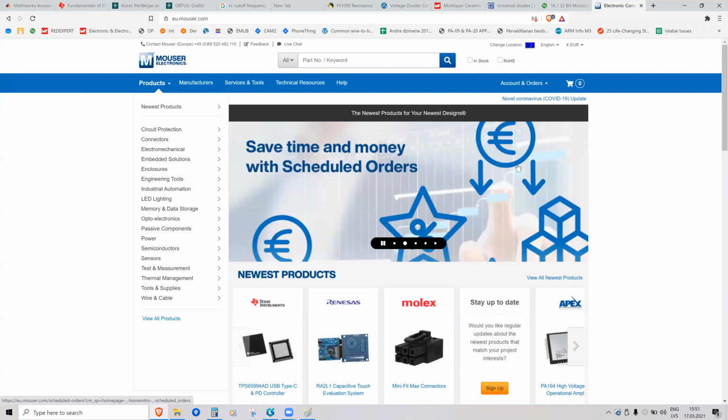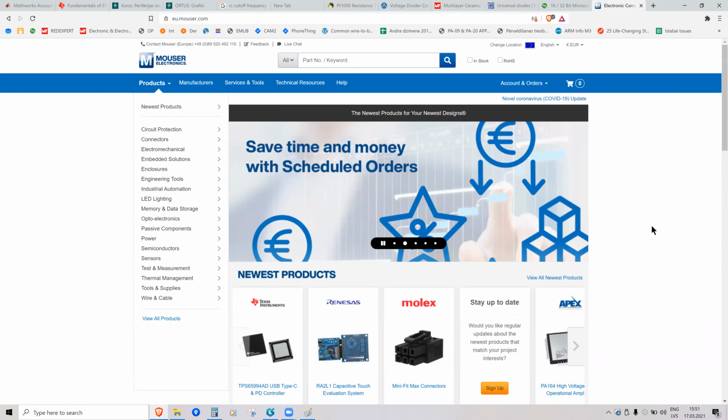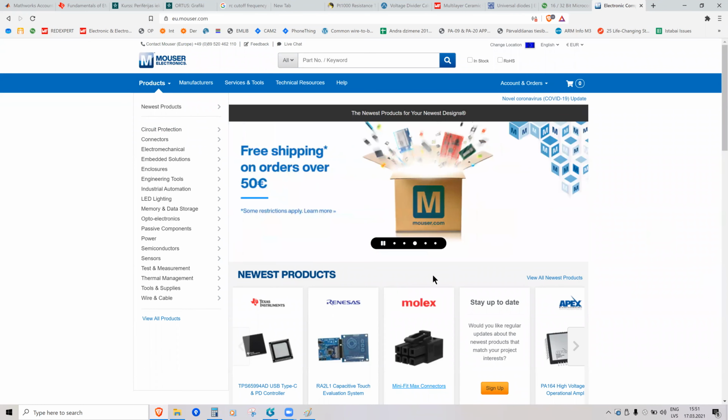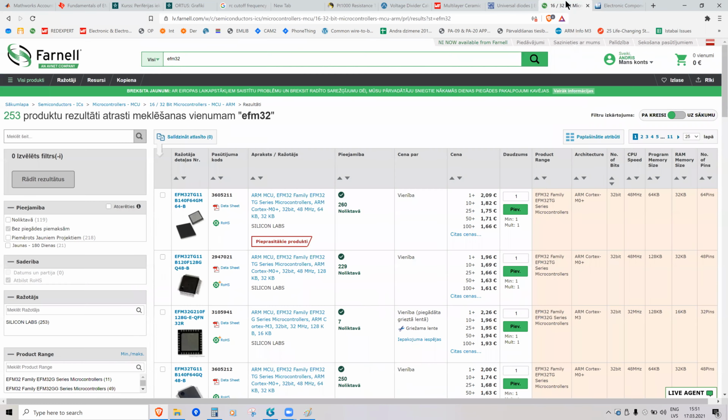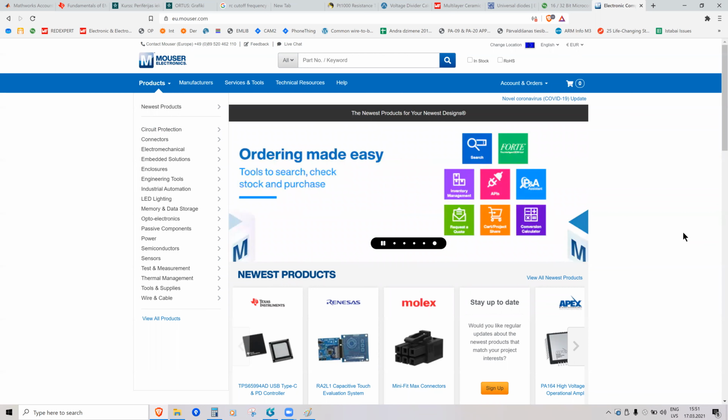Free shipping from €50. If your basket is €50, you get a free shipping. If less, then the shipping is something like €30. So you would use this thing only if you cannot buy stuff in these two places, or if you need some special component which is not found anywhere else.